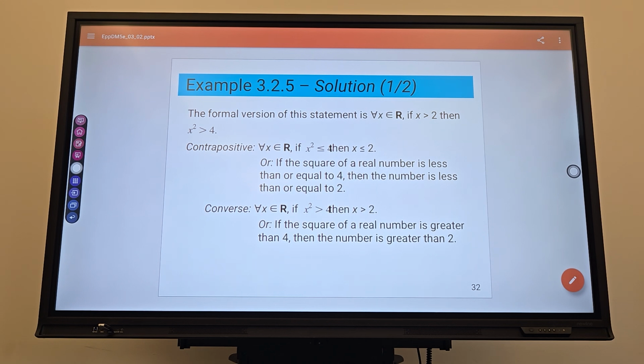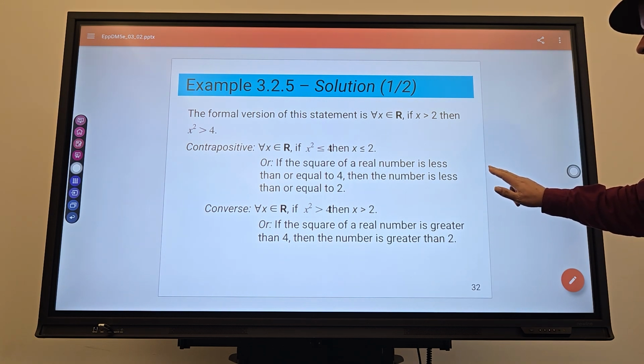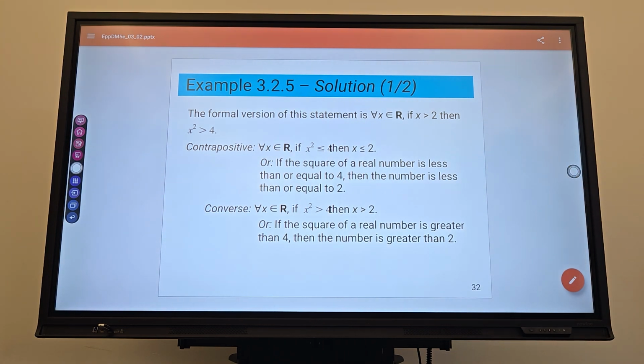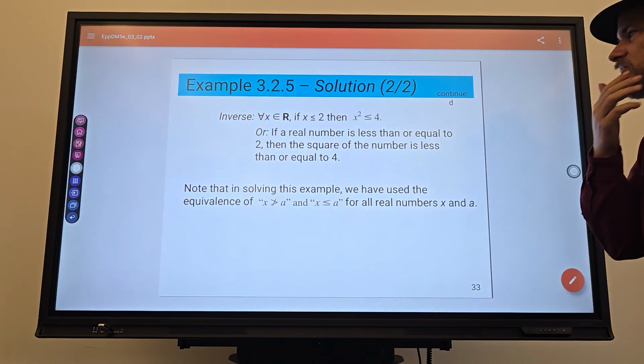If the square is less than 4, yeah, I guess it would be true. But anyway, getting into arithmetic in my head, it hurts. Let's see here, the inverse.